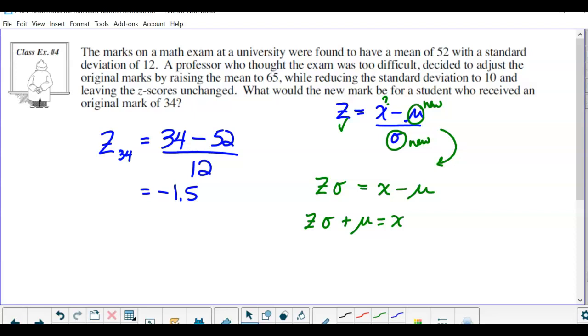So my new value for 34, I'll take my new mean, and I add negative 1.5 times the new standard deviation.